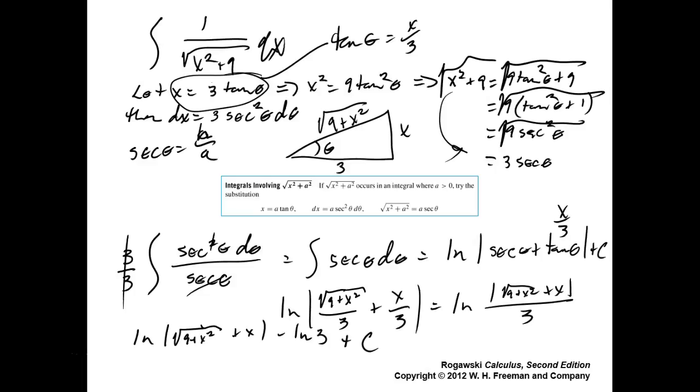Let me see if I can find it now. Here it is. And they list it both ways, the log of that plus c, which is the log of the square root of x squared plus 9 plus x, minus log 3, plus c.